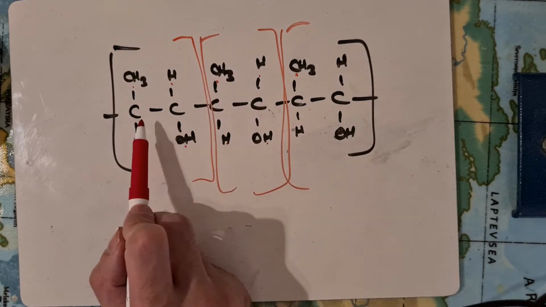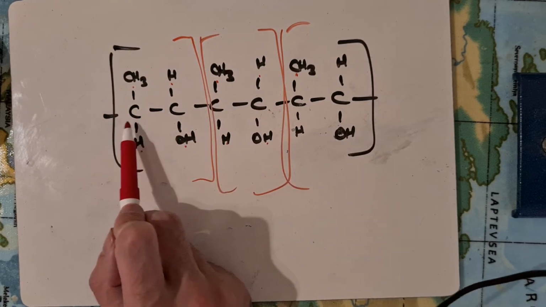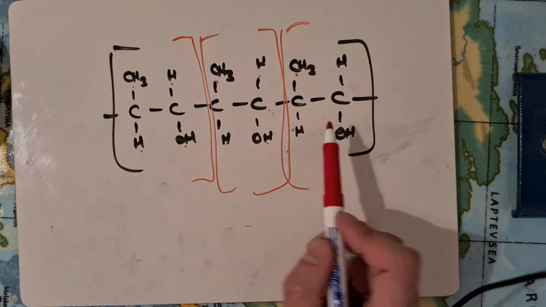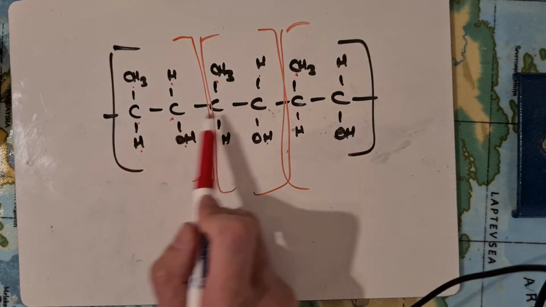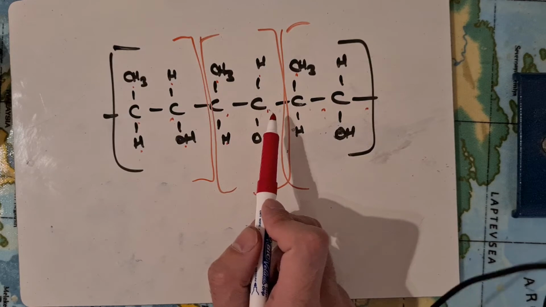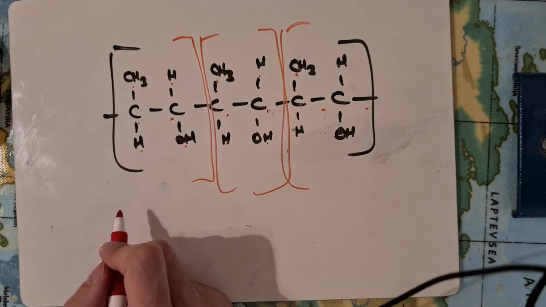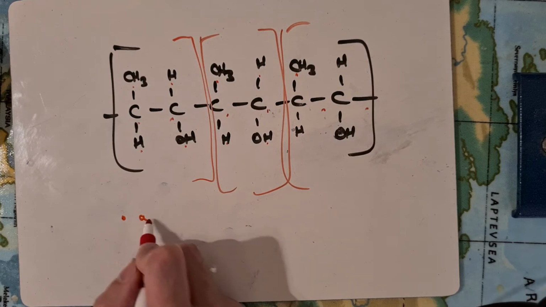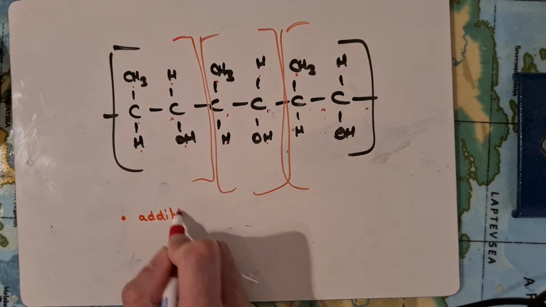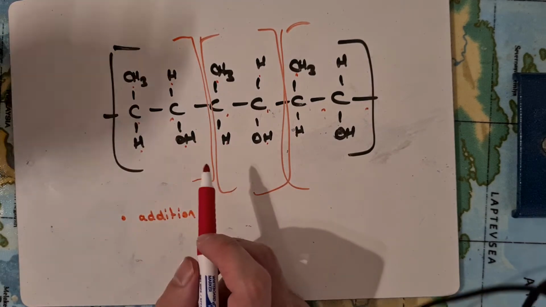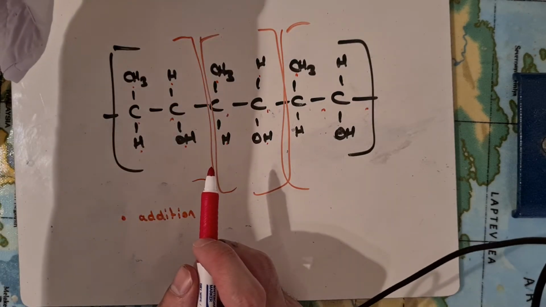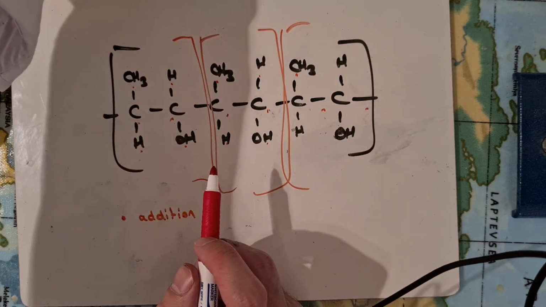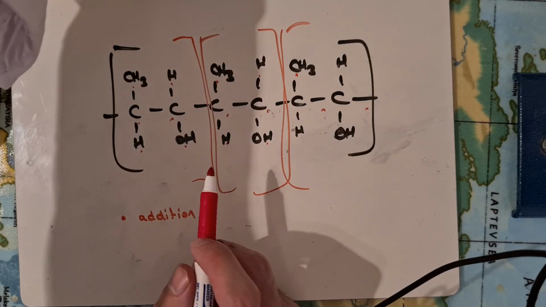We should also notice that there's no ester bond, there's no amide bond. We've just got a straight chain of carbons all the way along. So the first thing to go is the type of polymerization we've got here is addition polymerization. We're adding on, you should have seen this from first year, where you did addition polymerization.